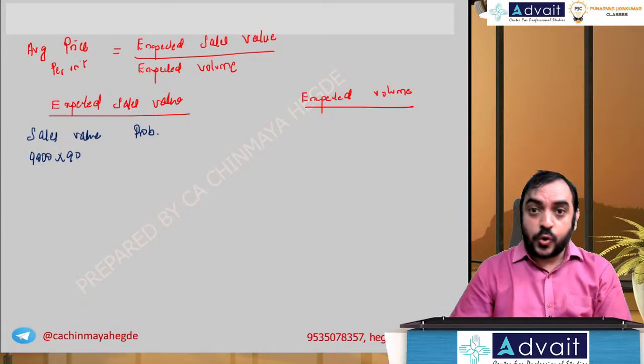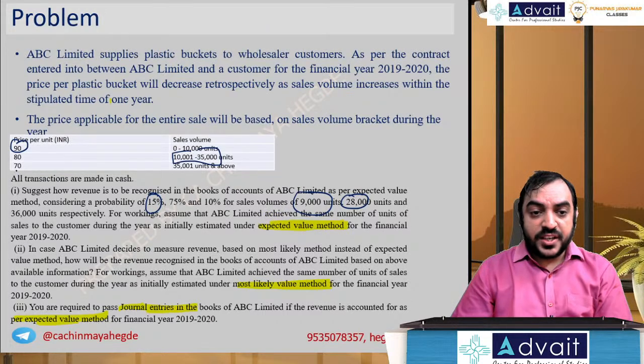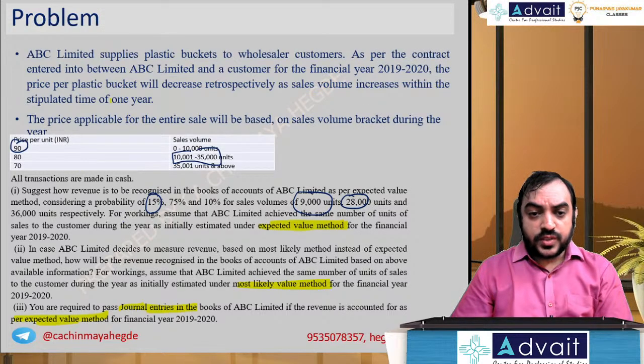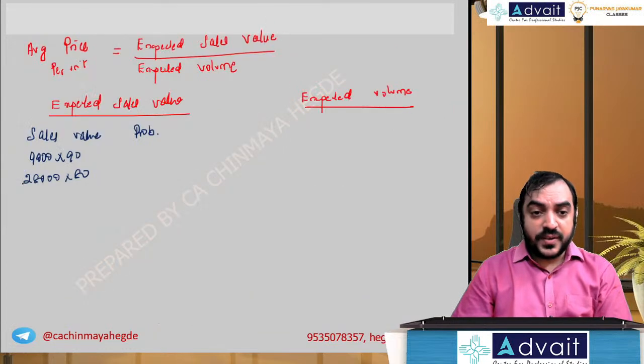That is the second possibility. And if you are going to sell 36,000 units, you will come to the last one and you'll be charged only 70 rupees. So 36,000 into 70 rupees.